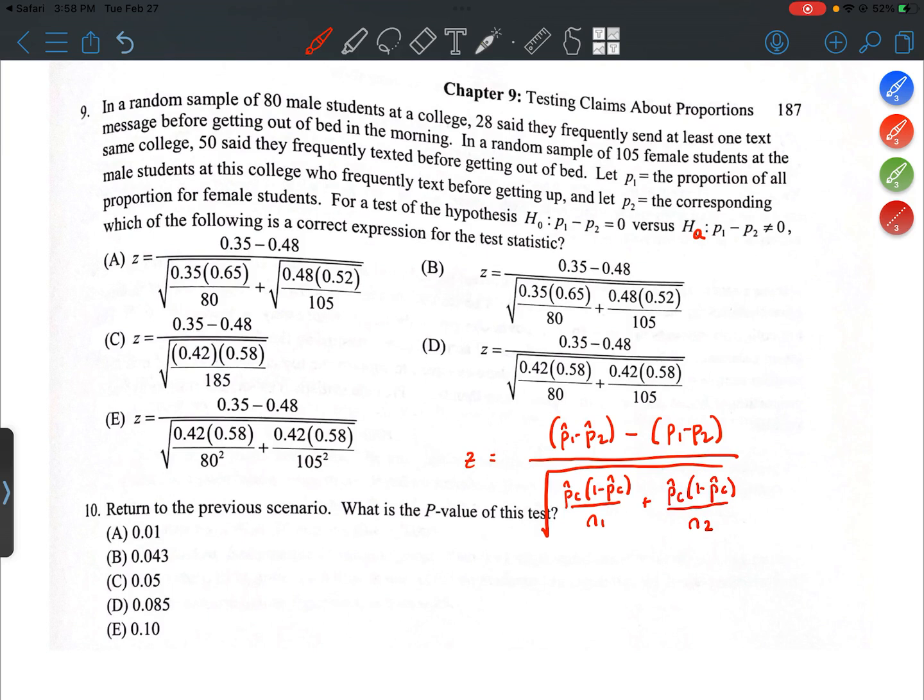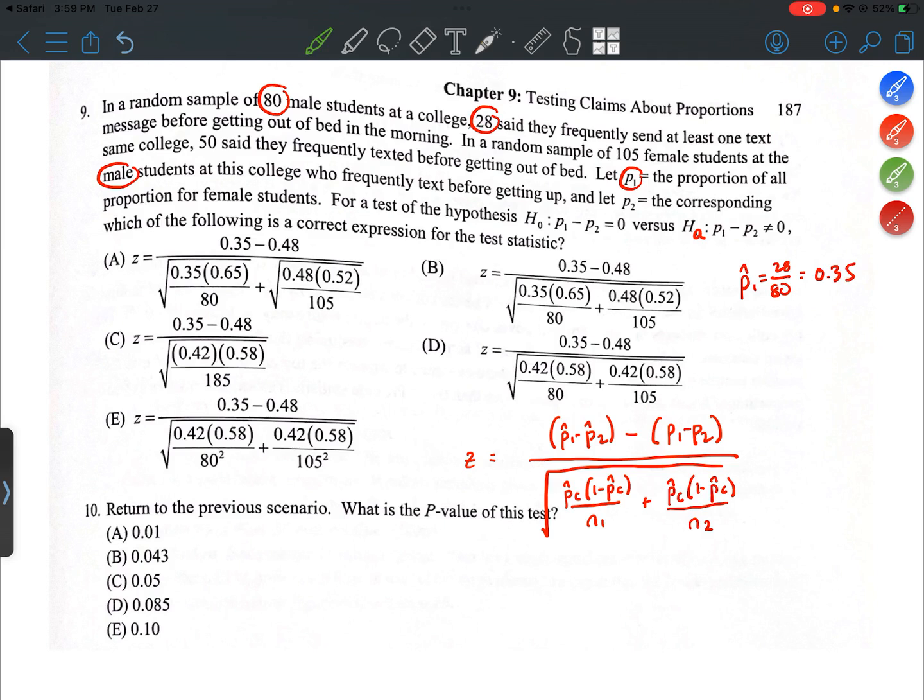So we have some numbers here in the paragraph. Let's just figure out what is what. Group 1 is males, so 80 and 28. So let's write P hat 1 is 28 out of 80, which is equivalent to 0.35.